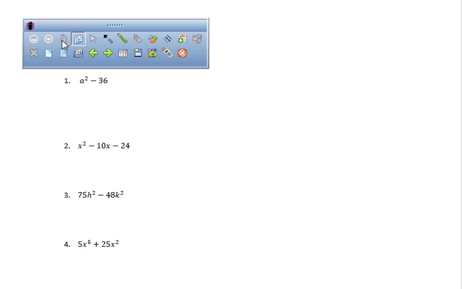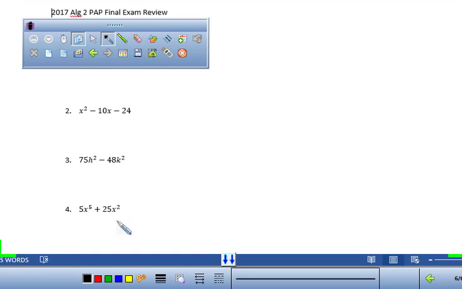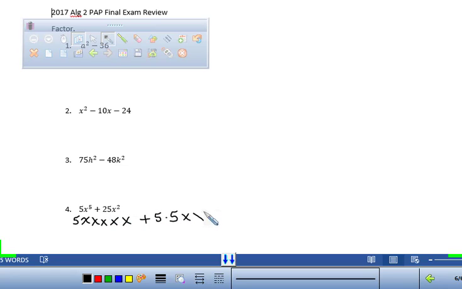On number 4, you're looking for a greatest common factor first. So on number 4, the greatest common factor, let's break it apart. We have 5 and then x to the 5th, here you have 25 and x squared.